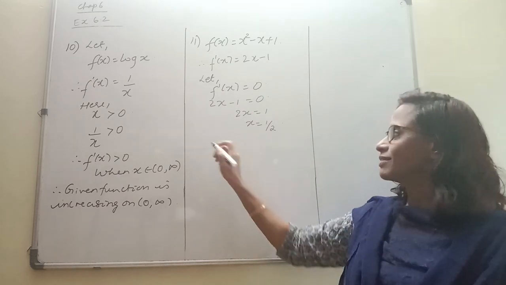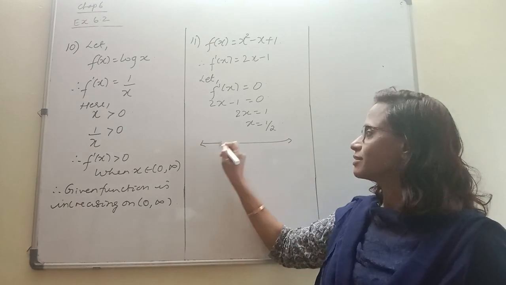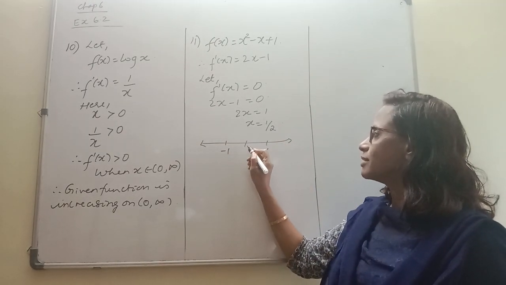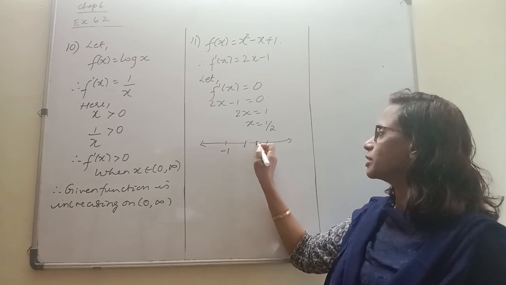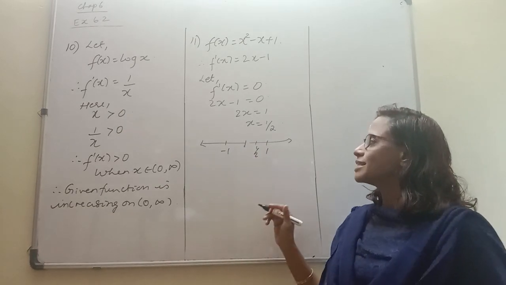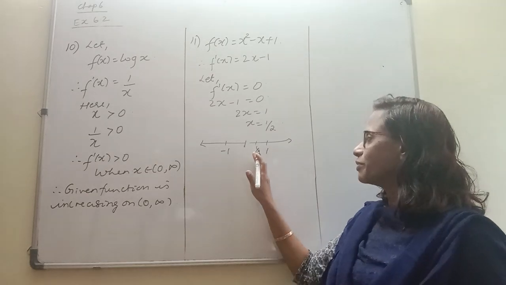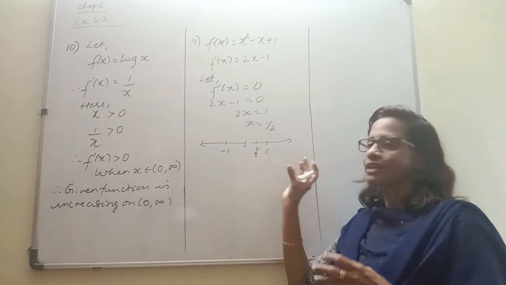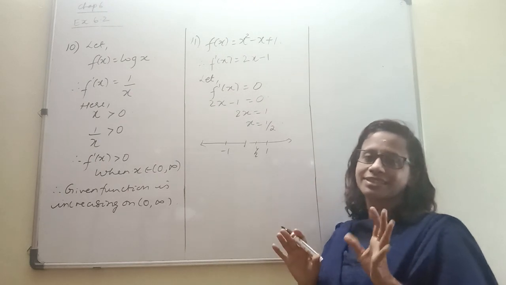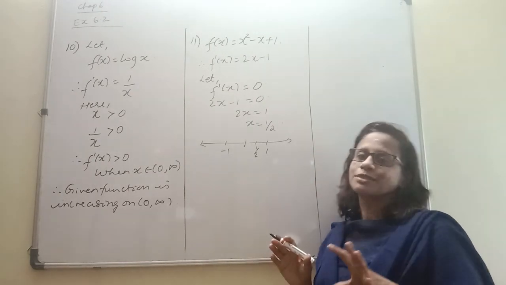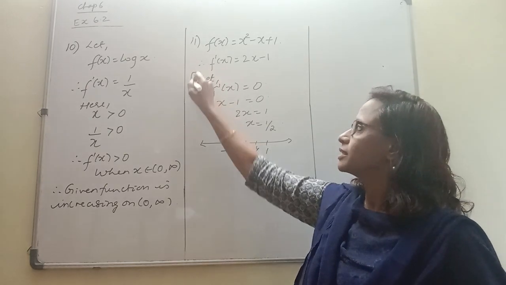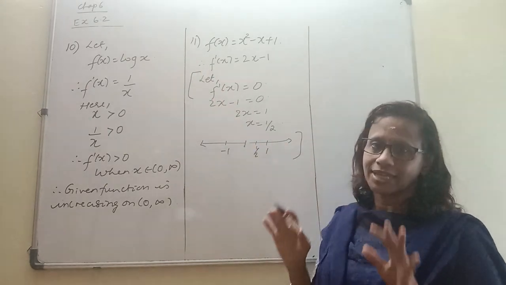Generally for a critical point, we take one interval on that side and one interval on this side. But because the given interval doesn't accommodate it properly, this problem is coming. As I told you, this is totally optional. There is no need to do it, it's just for you to understand.